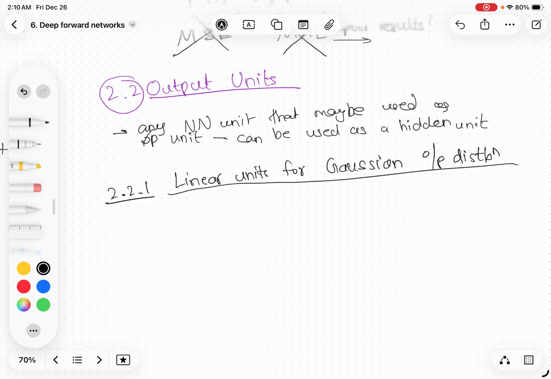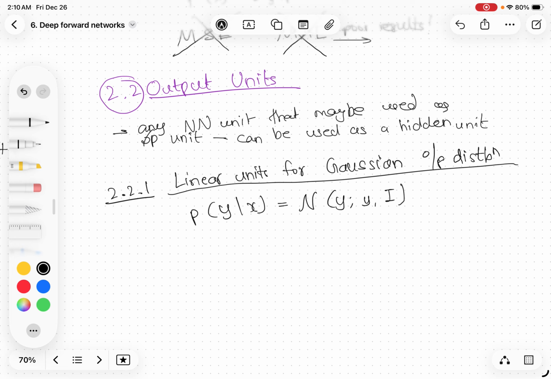The equation we can write here would be like this, where theta is the parameter and y is what forms the function.